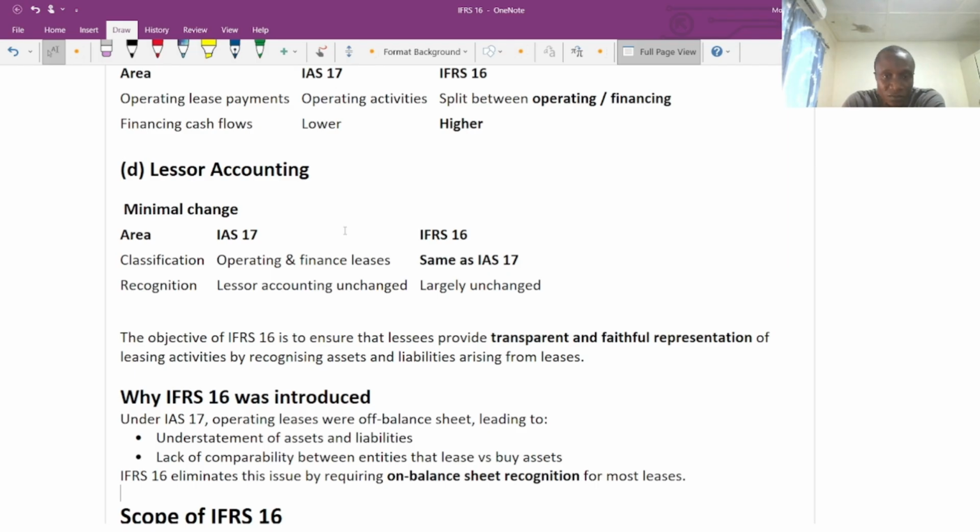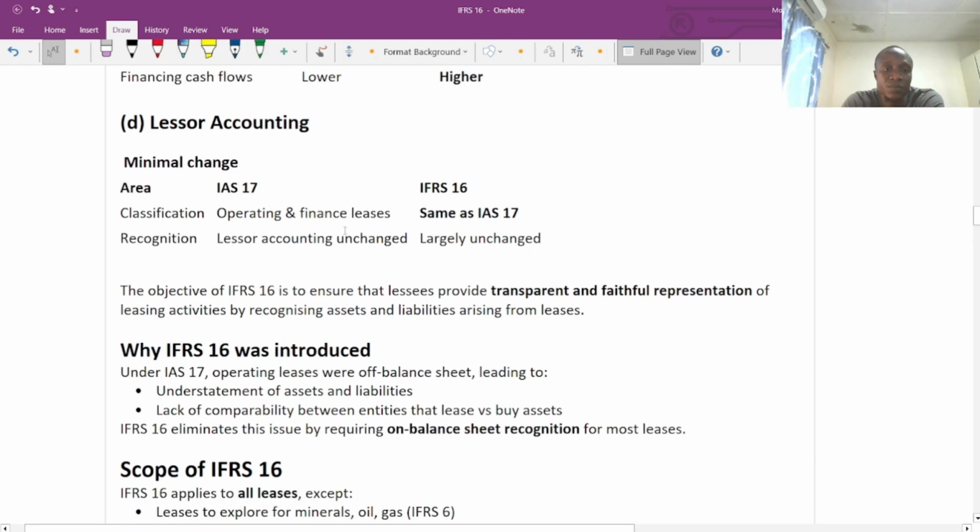The recognition for IAS 17, the lessor accounting is unchanged, the same, nothing to worry about. Then, with regards to IFRS 16, there is a great change. We are going to look at it for the strategic business reporting students.